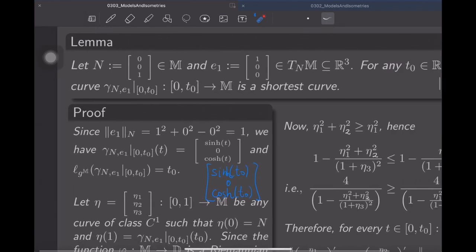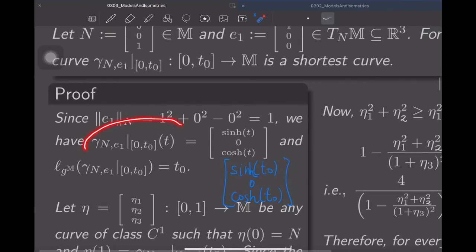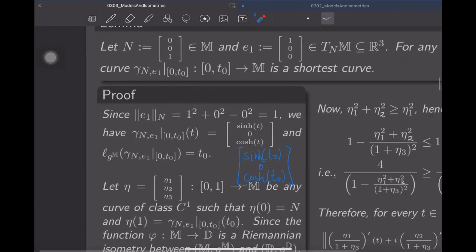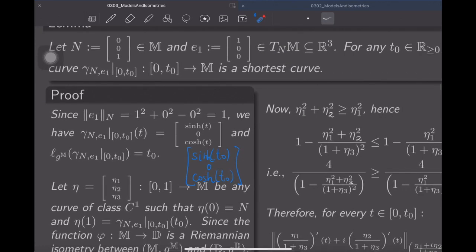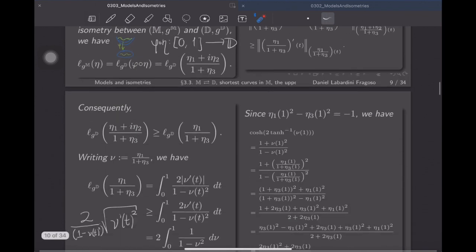Okay. But what I want to convince you of is that this is really just kind of an old friend. It's kind of just the hyperbola parameterized with the hyperbolic functions. And what I want you to notice, that's the correct parametrization if we think in hyperbolic terms, in the terms of hyperbolic geometry.